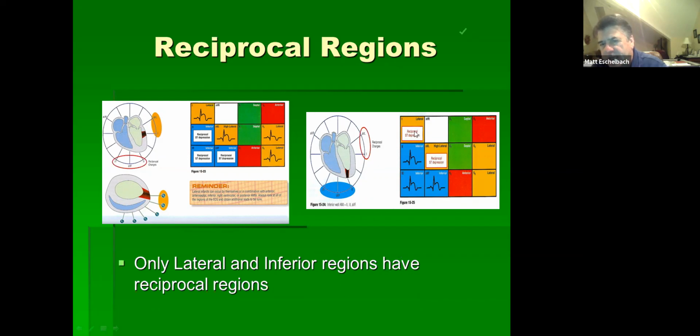What that means is in our lateral leads, we'll most likely have ST depression. Or here, in 1, AVL, V5 and V6, you've got ST elevation. These are the reciprocal areas that will probably have ST depression in our inferior leads.